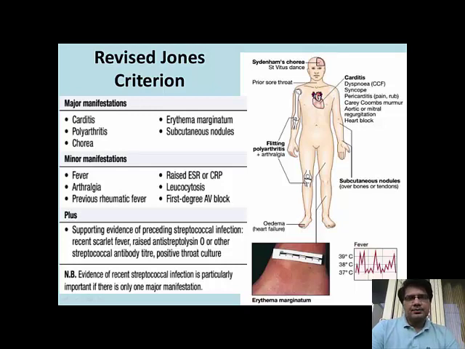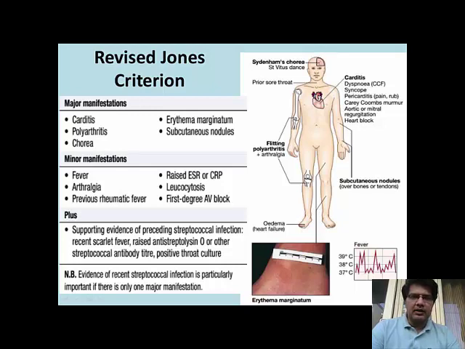Minor manifestations: these are fever, arthralgia, previous episode of rheumatic fever, PR prolongation greater than 0.2 seconds, leukocytosis, raised ESR or CRP. How do I remember it? Major manifestations I remember by CHANCE: CH for chorea, A for arthritis, C for carditis, N for nodules, E for erythema marginatum.